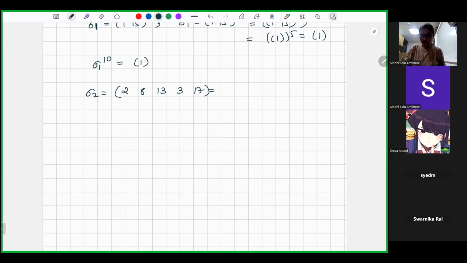Yes, and when we take sigma 2, note that the order of sigma 2 is 5. Okay, it is an odd length 5 cycle.